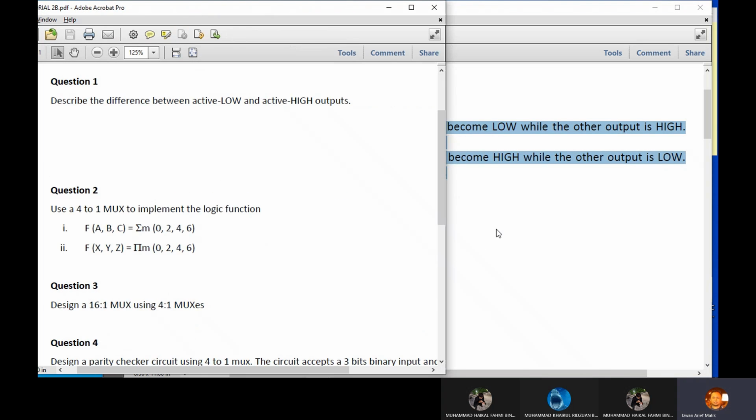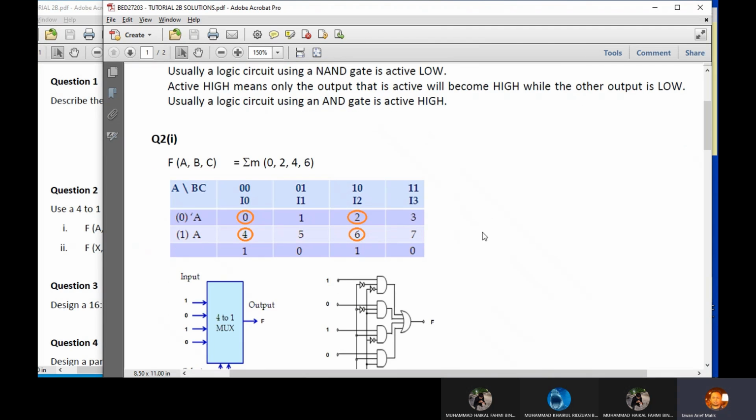Okay. Alright, and then number 2, this is a multiplexer punya question lah, where you use a 4-to-1 mux to implement the logic function of these two. So ini example ada dekat dalam my notes, and dekat sini pun saya ada buat dia punya solution lah. So the first one, for function of A, B, C, equivalent of sum of min terms 0, 2, 4, 6.